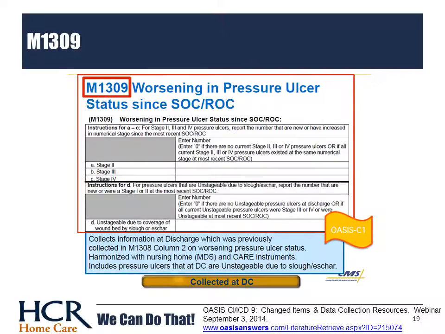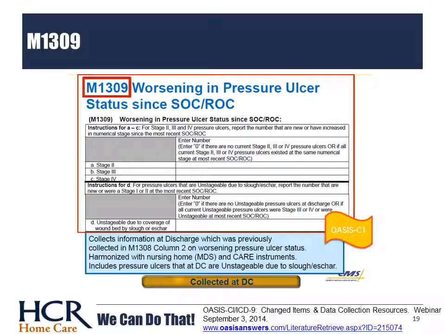So 1309, worsening in pressure ulcer status since start of care or resumption of care, is a brand new item. This item is intended for you to identify, of any of the pressure ulcers that may be present, a stage 2, a stage 3, a stage 4, or unstageable because the wound bed is covered in slough or eschar, have those pressure ulcers worsened since the most recent start of care or resumption of care?